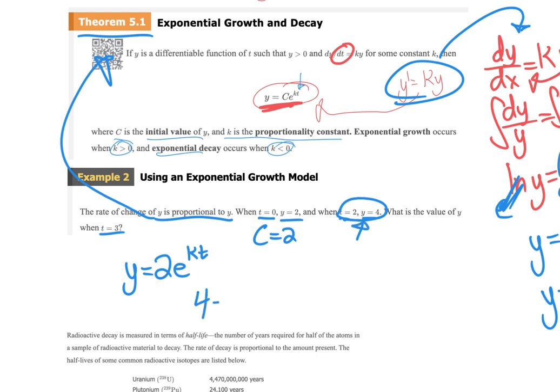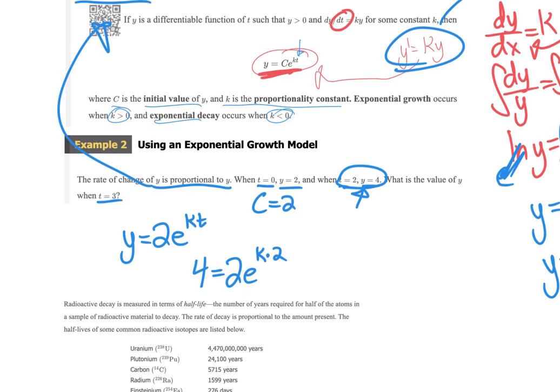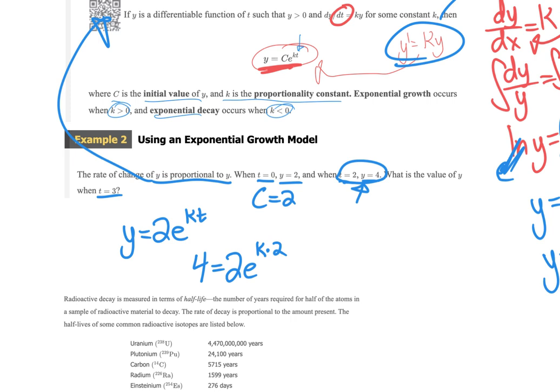So y is 4 when t is 2. All right, so we solve this for k. Divide both sides by 2. So 2 equals e to the 2k. Now to get that variable outside of the exponent, I've got to take the natural log of both sides.